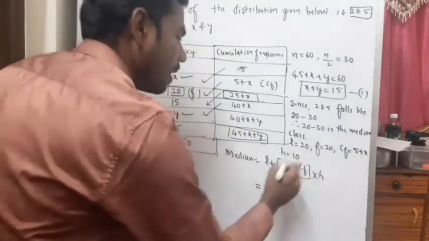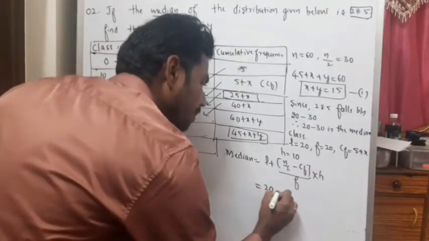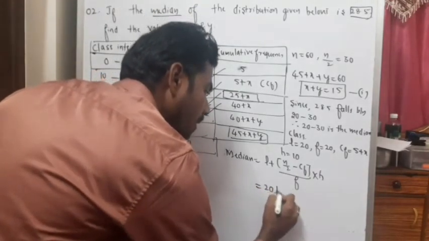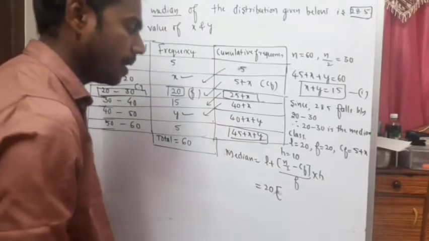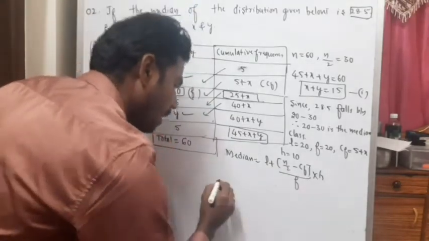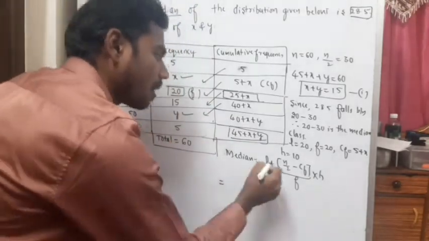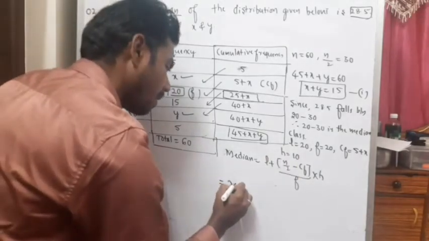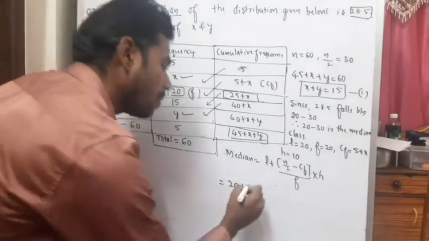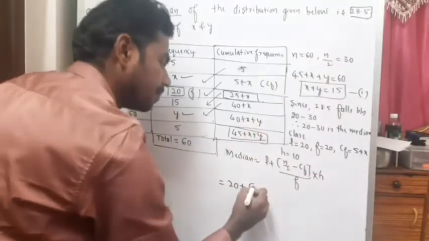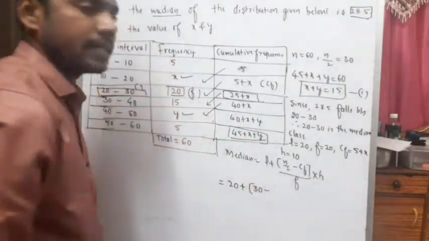What is L? L is 20 plus n by 2, which is nothing but 30, minus, what is CF?